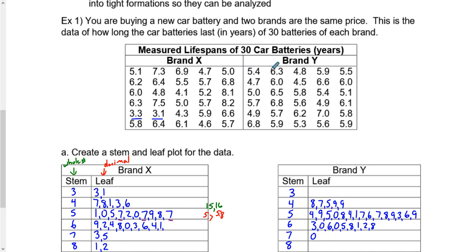I could have started with 5.4, 6.3, all the way to the 5.6, 5.9. Could have done that too. I could have gone vertically and got 5.54, 47 to the 5.85. It doesn't really matter how you do it. Just show your work. Show that you can do grade 7 work.